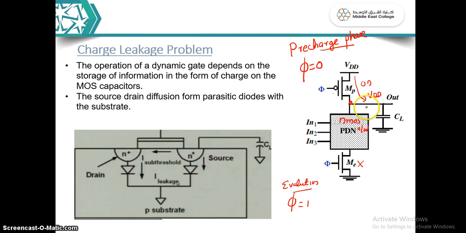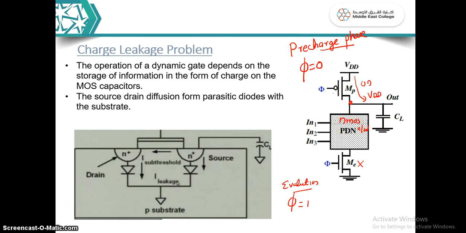But the problem is how long it will retain. Suppose your clock is so long, the pre-charge and evaluation clock is a long clock. So how much time can this output be retained at VDD? That is the main problem, where the first disadvantage of dynamic CMOS gate comes: the charge leakage problem.